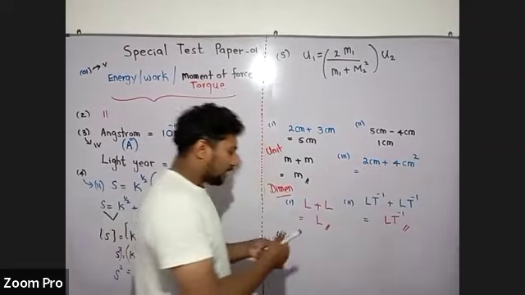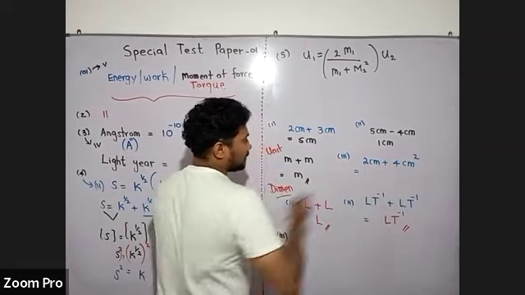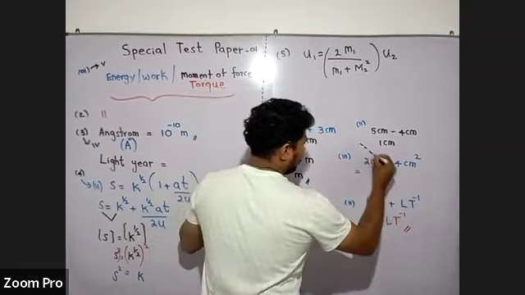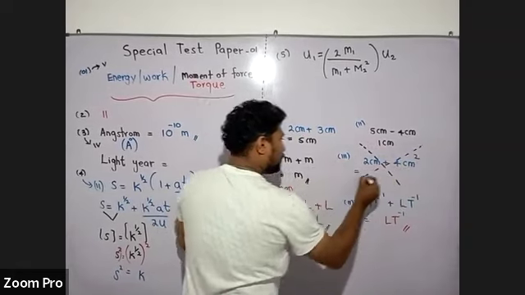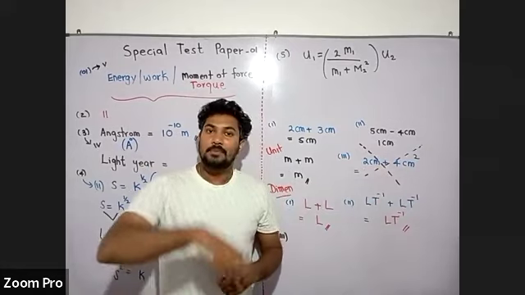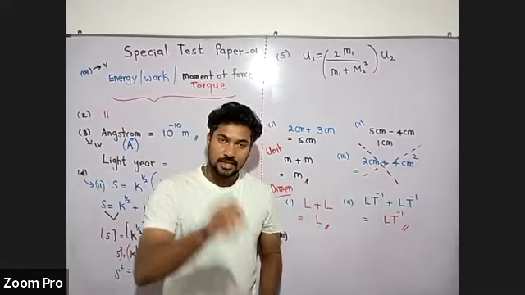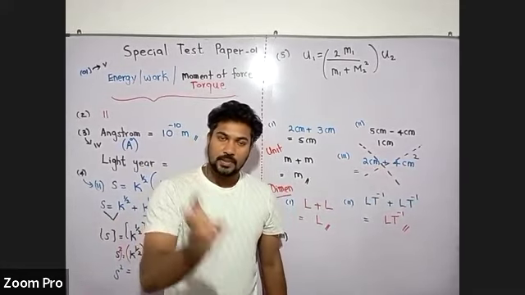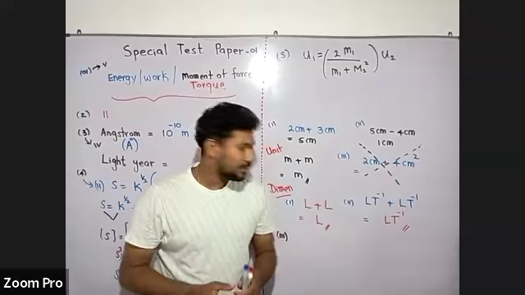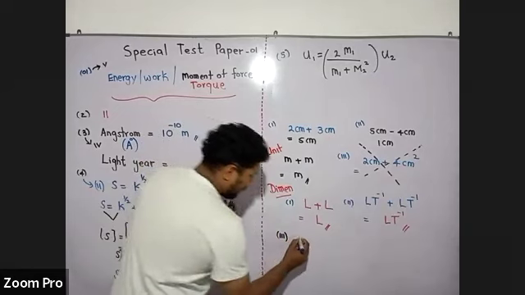That means we can't obtain an answer from this calculation. So it is the incorrect one. Likewise, if we are going to add or subtract particular units or dimensions, every unit should be in a single pattern, right?